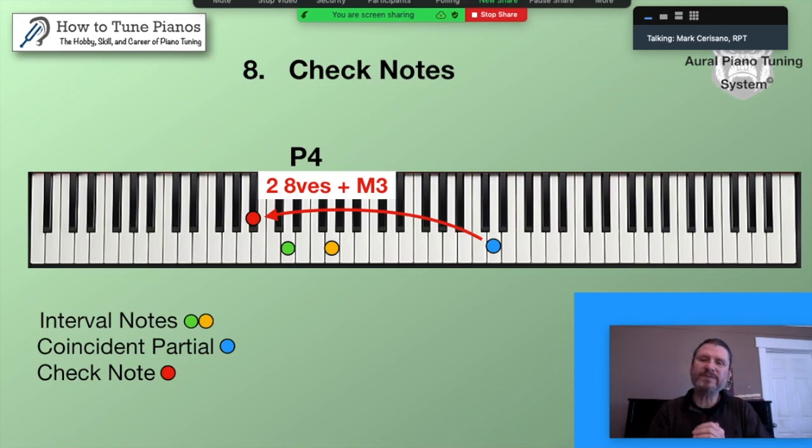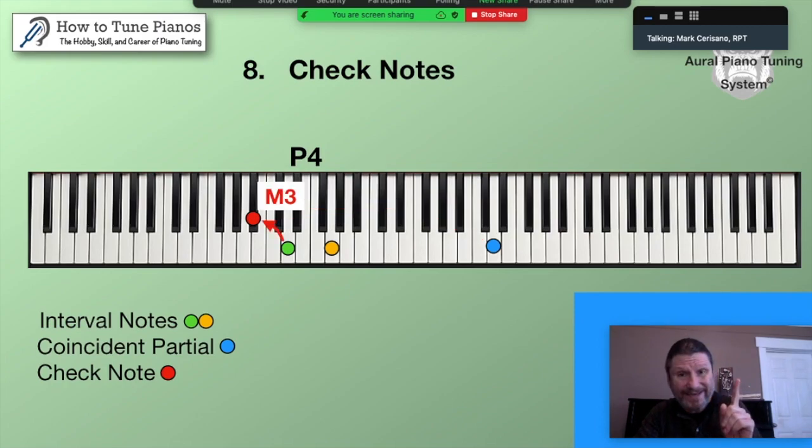But sometimes, all the time maybe, it can be easier to memorize a simpler interval. So in this case, yes, the check note is 2 octaves and a major third below the coincident partial, but it's also just a major third below the bottom note. So that's how we memorize it.